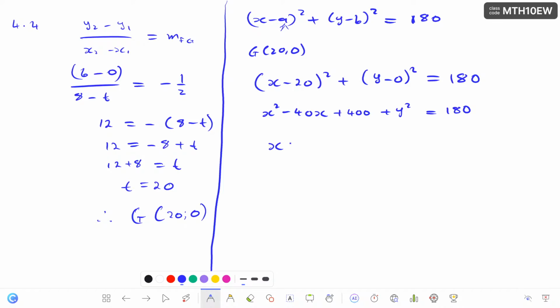So adding the like terms, it is going to be 400 minus 180, taking 180 inside is going to be positive 220 is equal to 0. So now we wrote our equation of a circle as this equation. So now we need to go to the last question.